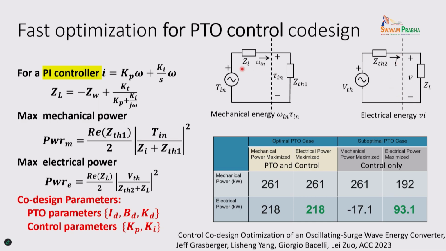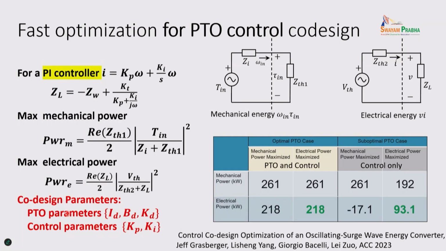Voltage times current. So far, we talked about putting the PTO force and velocity in phase. Actually, that concept is mechanical power output. So we design the control parameters: the PTO's rotation inertia, PTO damping, PTO stiffness, and controller KP, KI, where KP corresponds to damping and KI corresponds to stiffness.